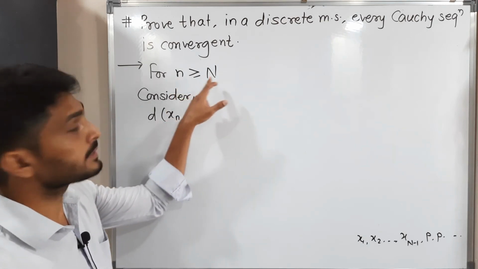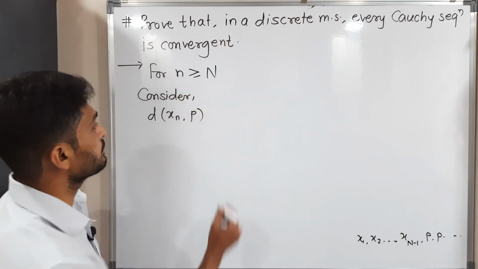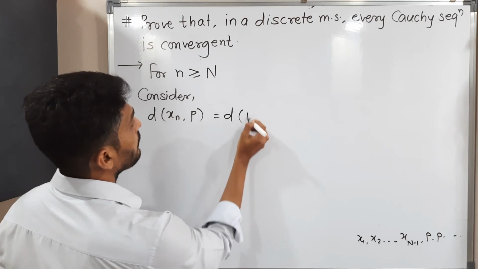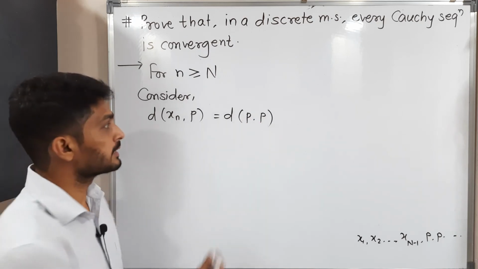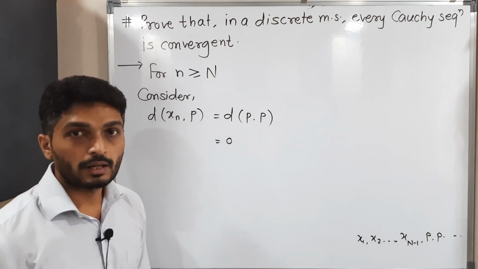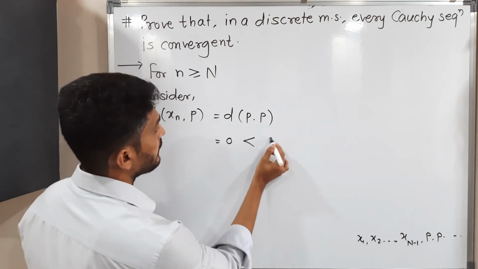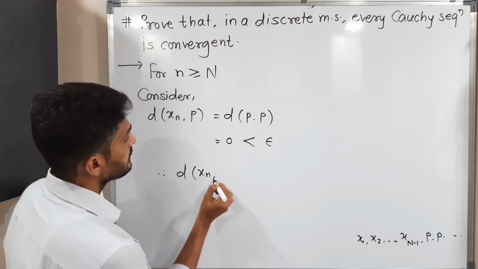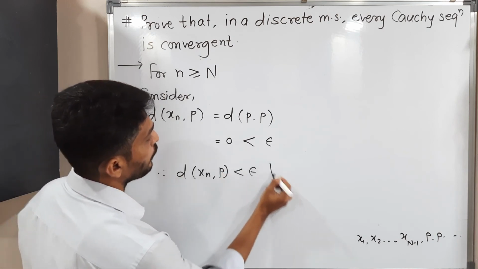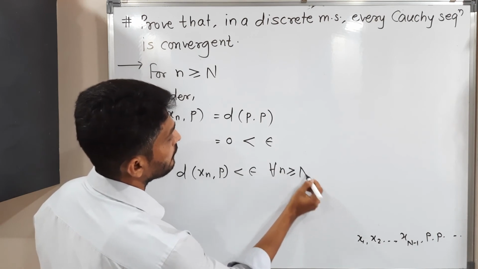Therefore, if n is greater than or equal to capital N, the value of xn is p. So d(p, p): if both elements are equal, then the distance between them is 0. And obviously, 0 is less than epsilon. So what do we get? d(xn, p) < epsilon for all n greater than or equal to capital N.